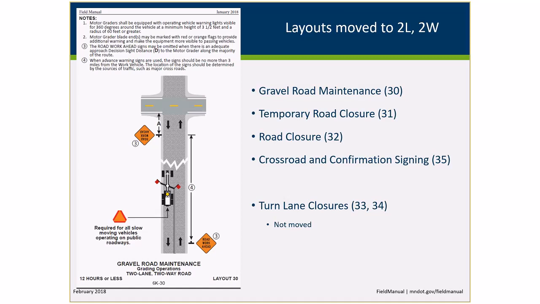The crossroad and confirmation signing layout was moved into this area too, just to bring all these things closer together so people have an easier time finding these various layouts. The turn lane closures were previously in the two-lane, two-way, and I just wanted to point out that they're still in this area. They're not moved, but if you've got turn lanes on divided highways or undivided roads, those turn lane closure layouts are found in the two-lane, two-way area.